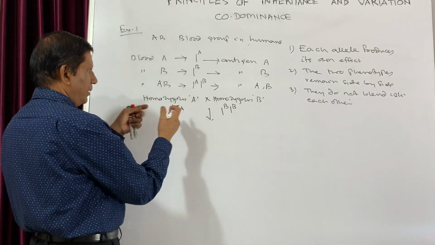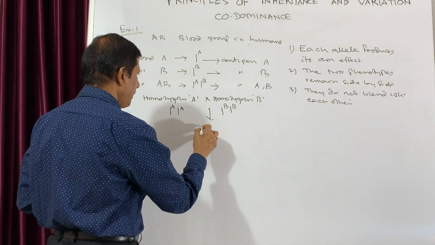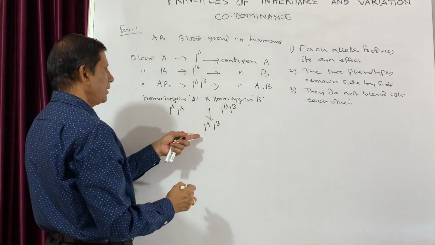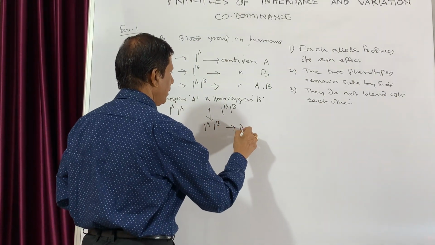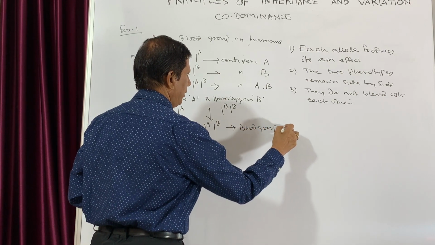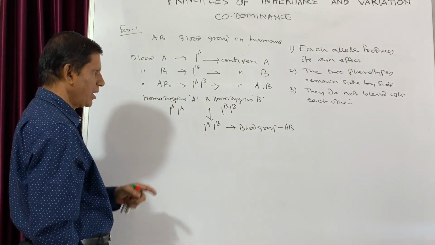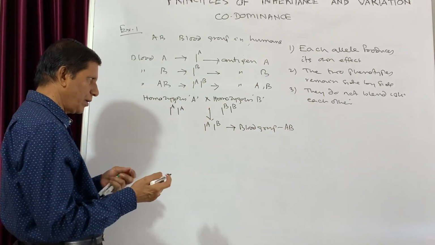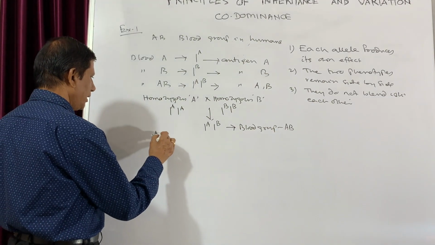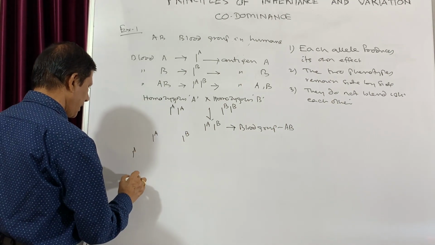When two such persons marry, the offspring will be IA IB. The blood group is AB, which means both A and B express themselves. Now, what will happen in the next generation, the F2 generation? Both parents are IA IB.